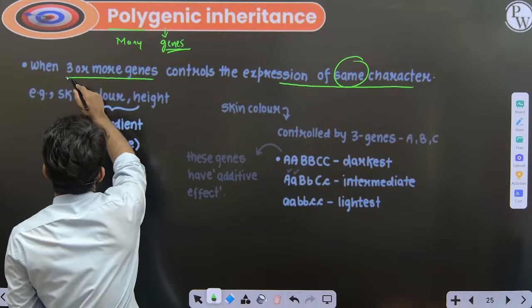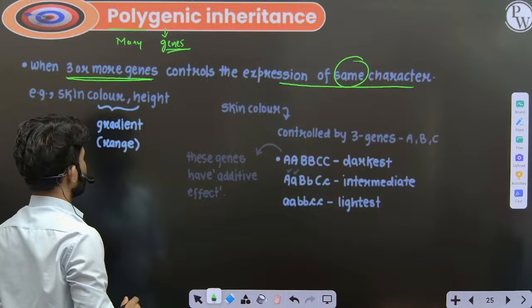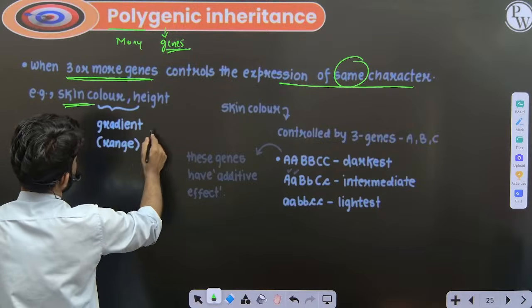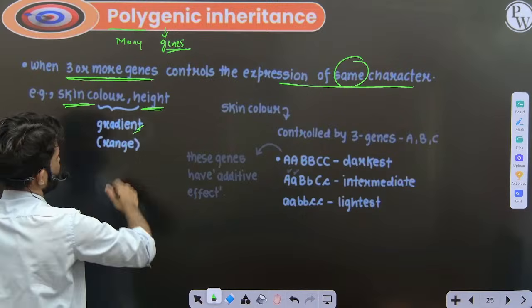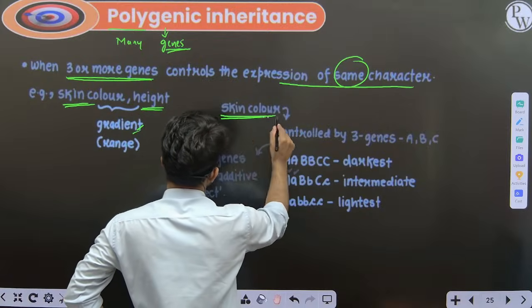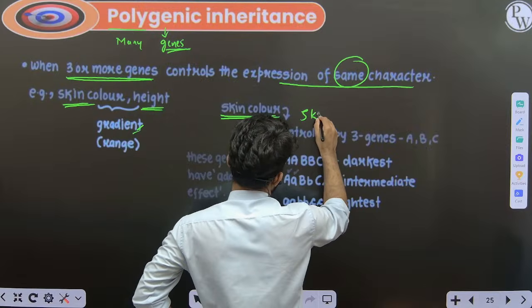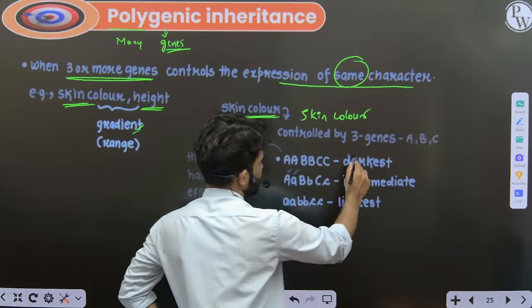Here three or more genes control the expression of the same character, for example skin color as well as height. So that is what gradient is. One example for polygenic inheritance is skin color. Skin color is controlled by three different genes.